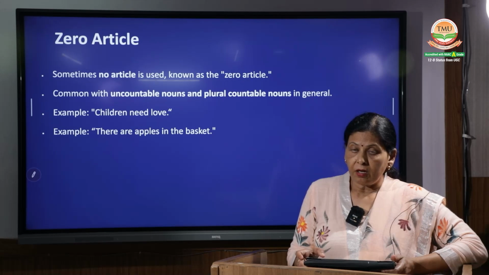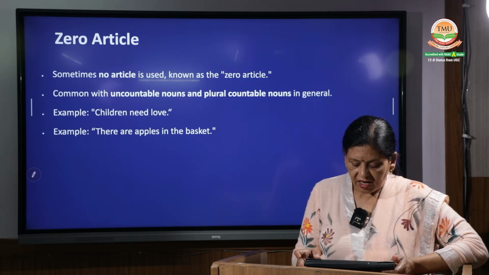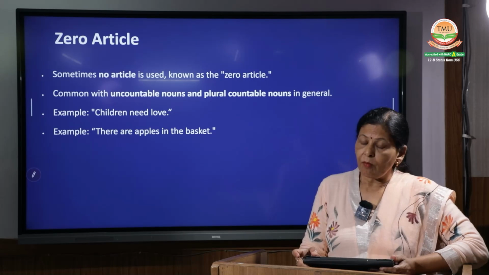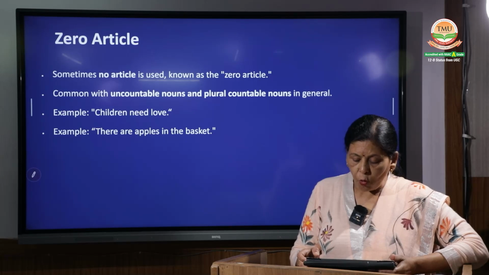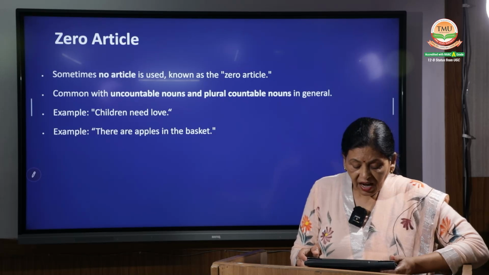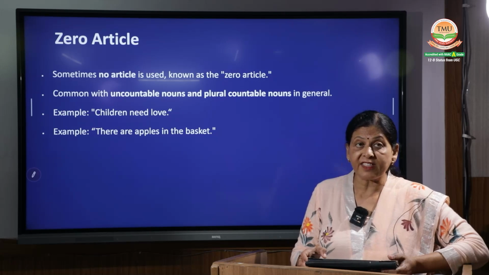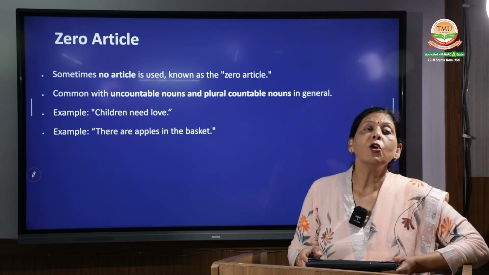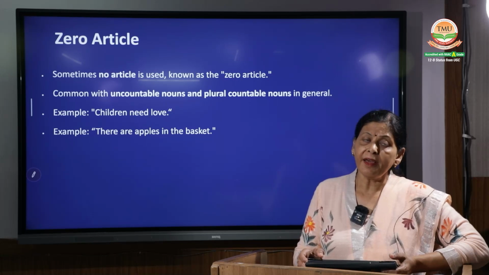Children need love. In this example, no article is placed, specifically with uncountable nouns. This rule is applicable when we are using uncountable nouns.